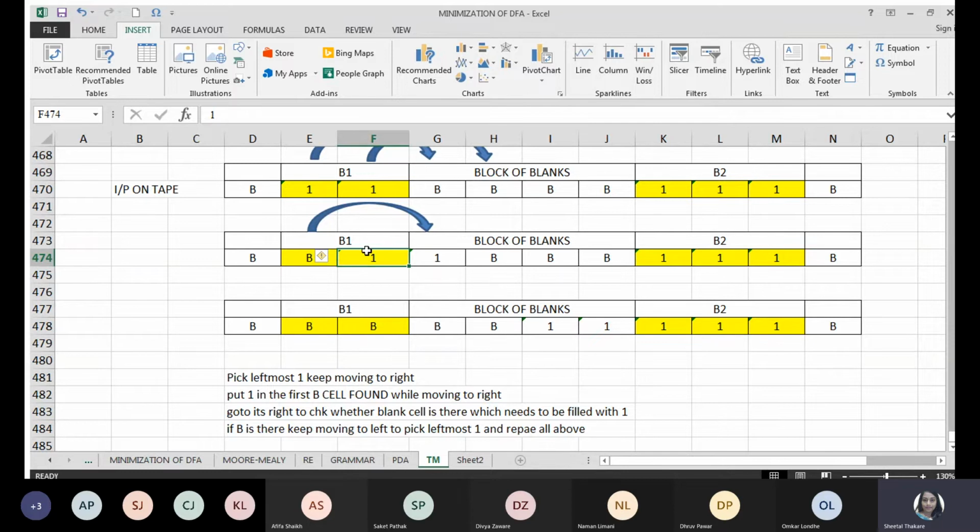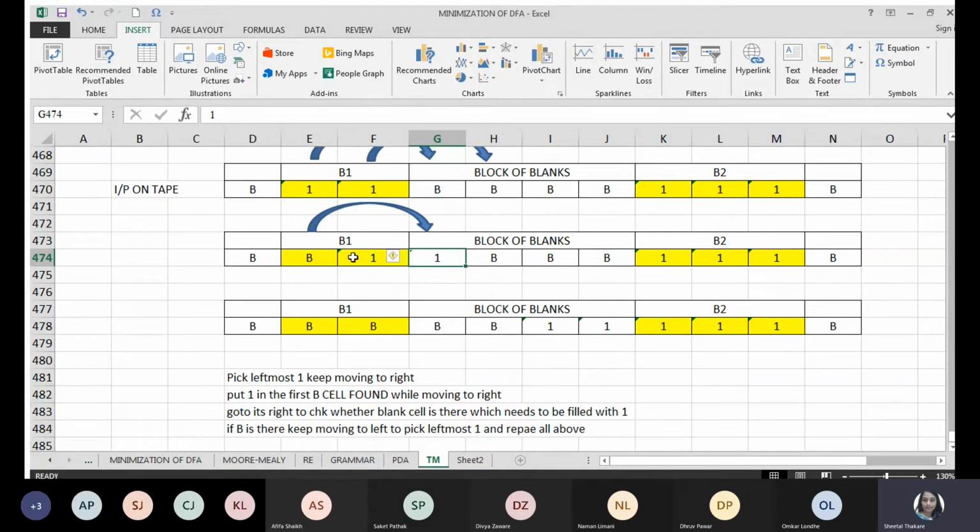The leftmost one is the one which has B to its left. This cannot be the leftmost one because there is no B to its left. This is the one acting as leftmost here because B is there.